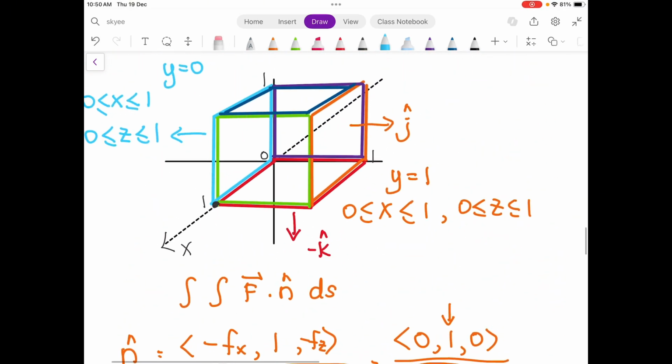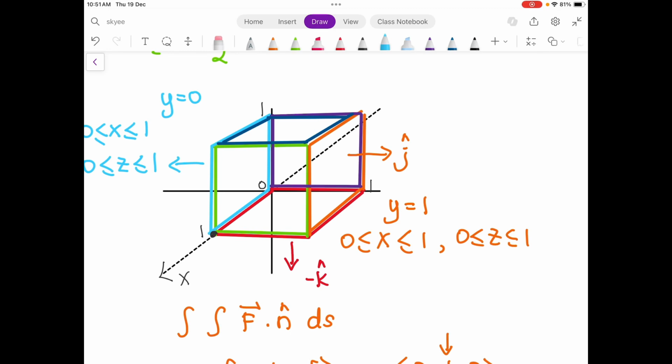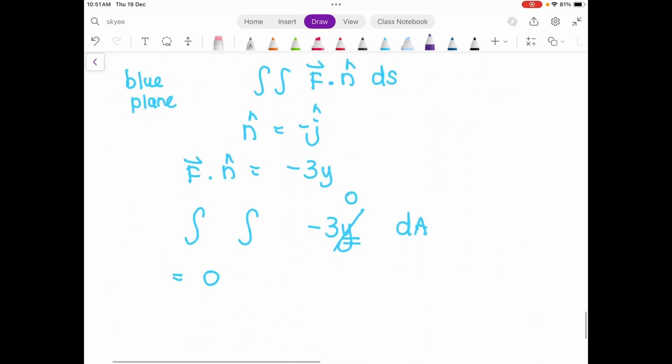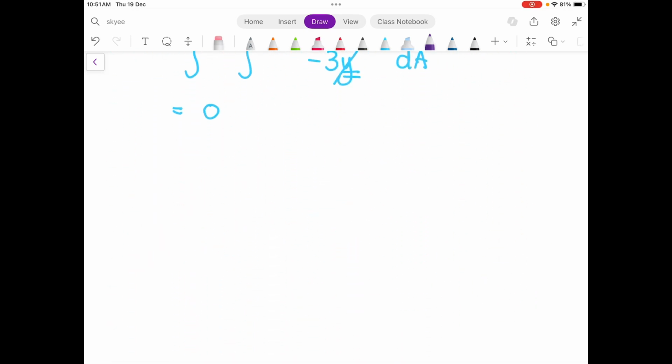So similar also for the last one, the purple plane. So for the purple plane, the flux is in that direction, the negative i direction.